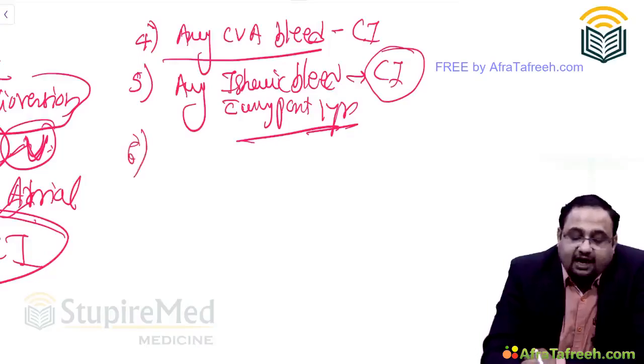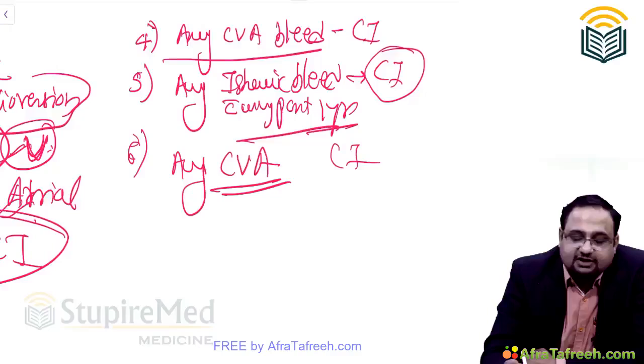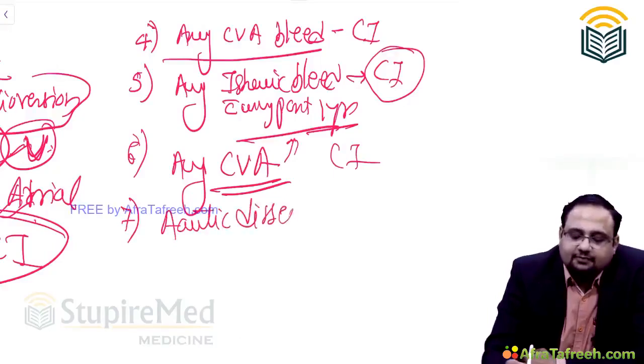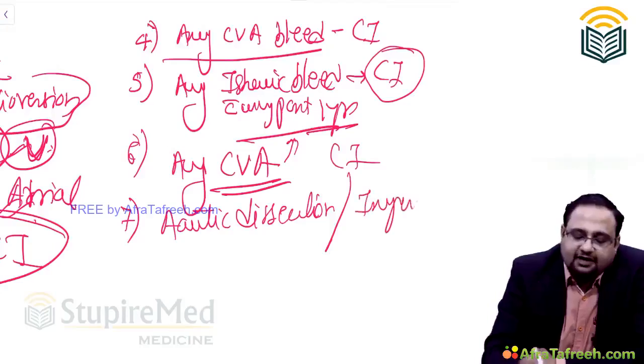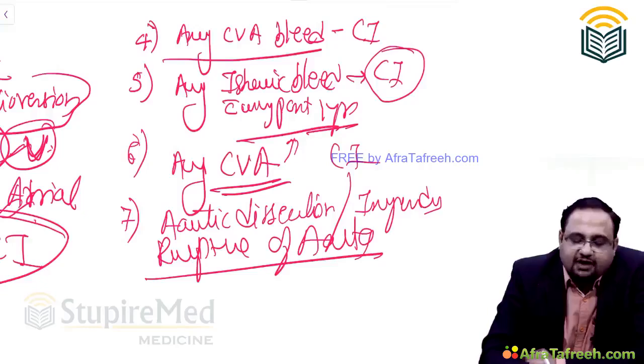Sixth, any cerebrovascular accident, if it has happened, is a contraindication for thrombolysis, of course within the past 1 year. Seventh, aortic dissection or impending rupture of aorta, aneurysm, if it is present, you have to stop.